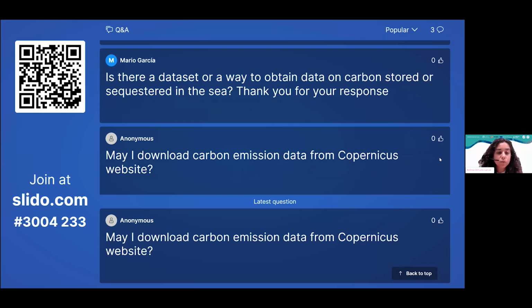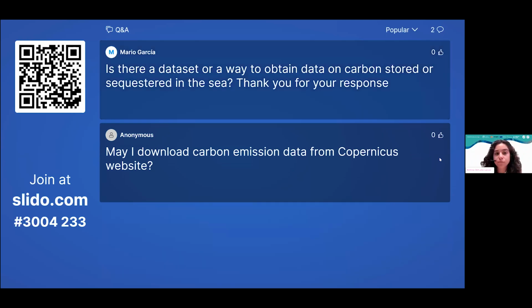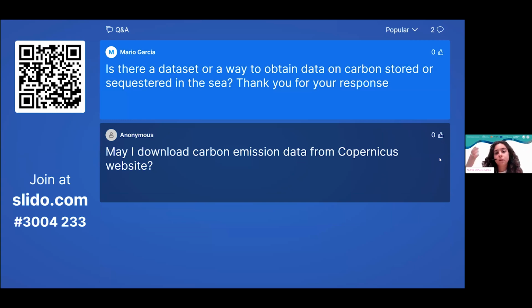So it's super difficult to have an observation of that. We have sediment traps in, for example, BATS station and in PAP. I don't know if they are in Copernicus, but there are some data there, but it's not about carbon stored or sequestered. It's carbon, like POC in particles. Yes, I can just complement by saying that we do have an indicator on the CO2 uptake in the ocean. But yeah, like you said, it is again model data.